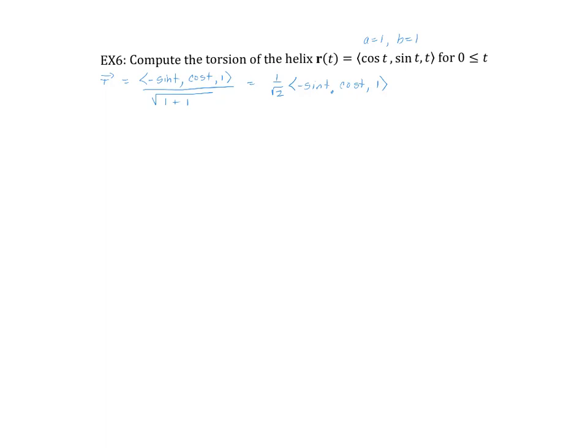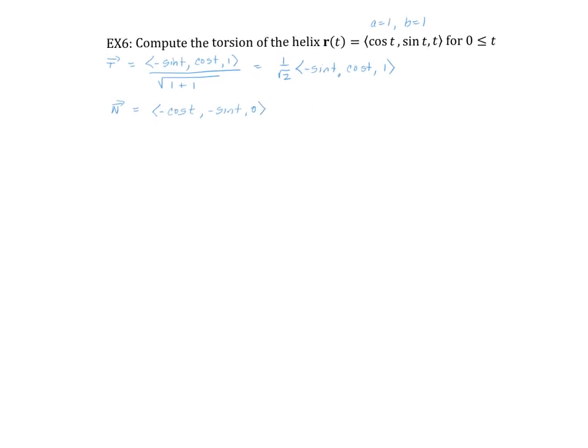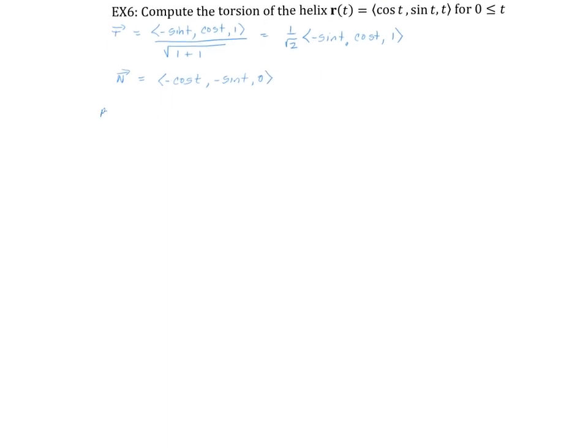I don't actually have to compute the normal vector, I know from the previous example, and this is where you get to use this, the normal vector is negative cosine t, negative sine t, comma 0. So to compute the binormal vector, or unit binormal vector, I need to cross that unit tangent vector with the unit normal vector.